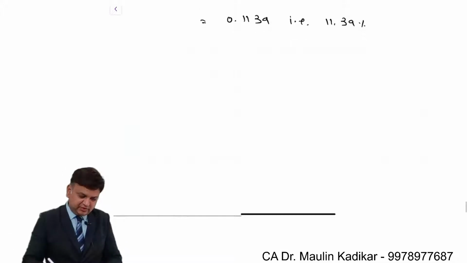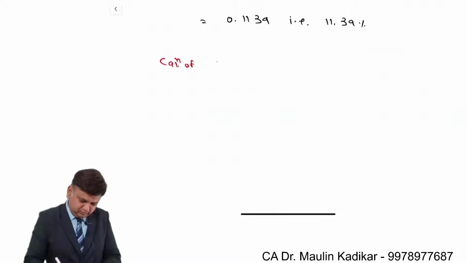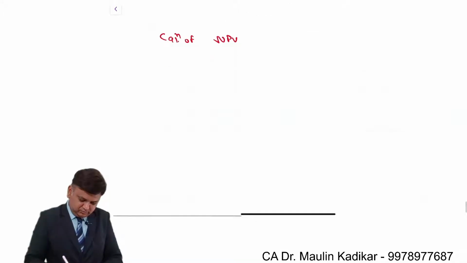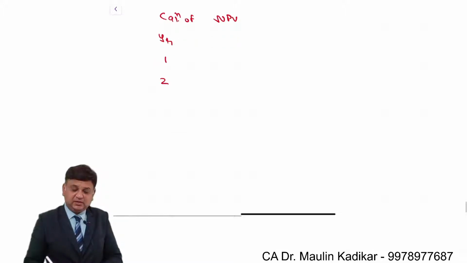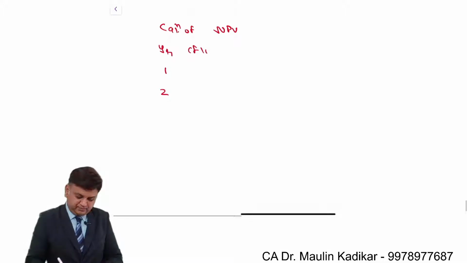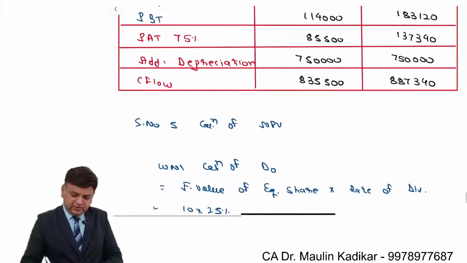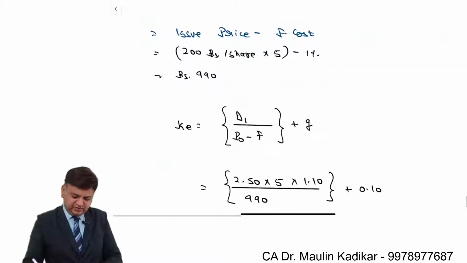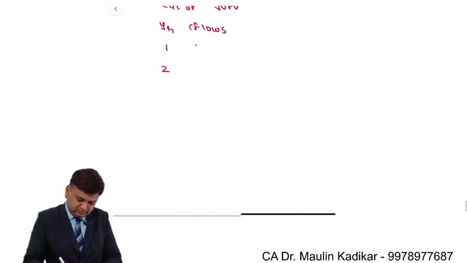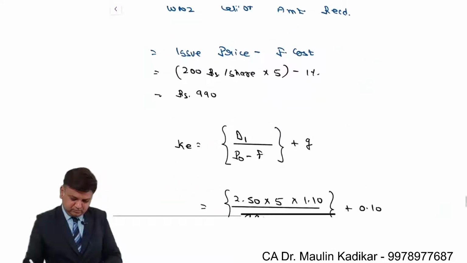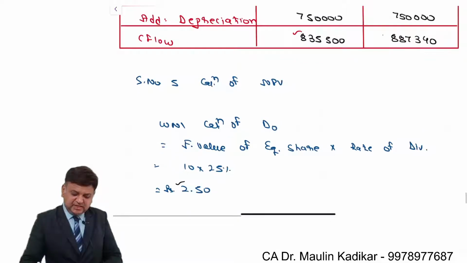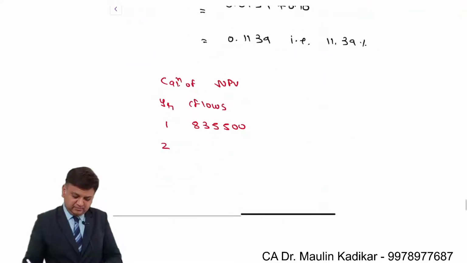Next is calculation of NPV. So first year and second year cash flows. First year it is 8,35,500. Second year it is 8,87,340.